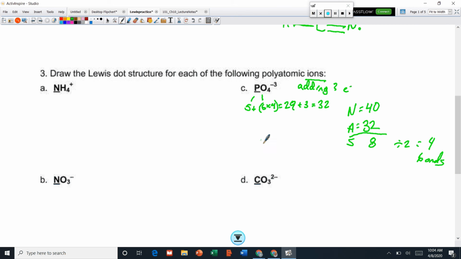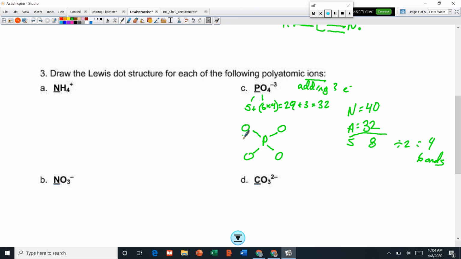All right, so drawing this, I'm going to put phosphorus in the middle, and I'm going to put an oxygen equally spaced around it. I'm going to put 2, 4, 6, 8 electrons. So 32 minus 8 means that I need to account for 24 more electrons. And so phosphorus has an octet with 8.